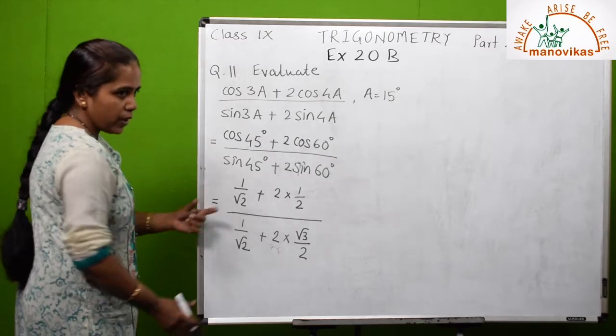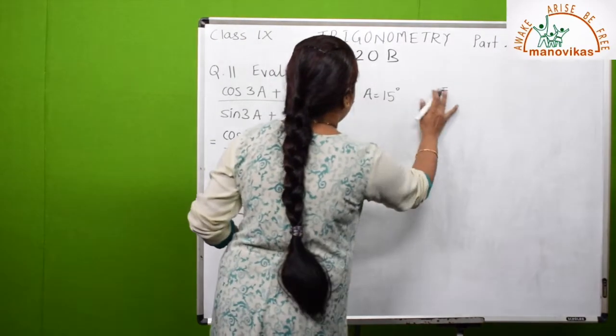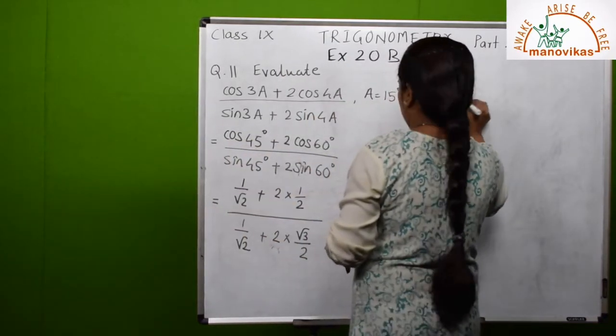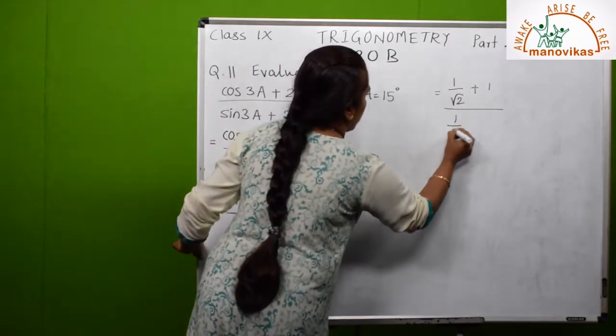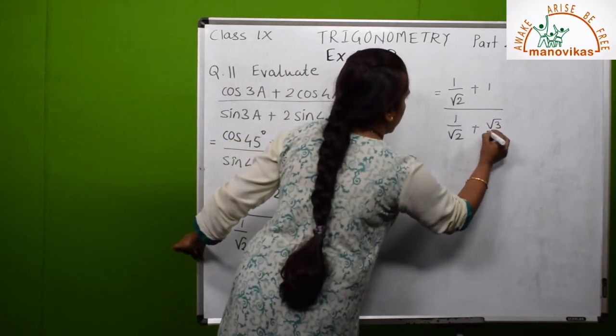Now simplify the numerator as well as the denominator. So you get 1 upon root 2 plus 1 divided by 1 upon root 2 plus root 3 by 1.